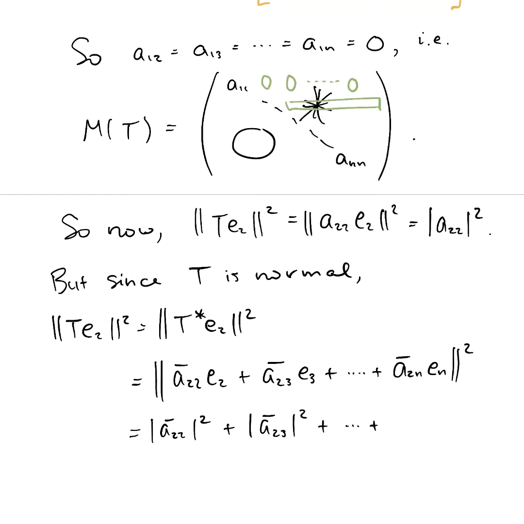And again, looking at the norm of TE2 in these two different ways, you see that this chunk of that bottom line must be 0, and therefore A23 all the way through A2N must be 0. So I guess I'm about to write that.